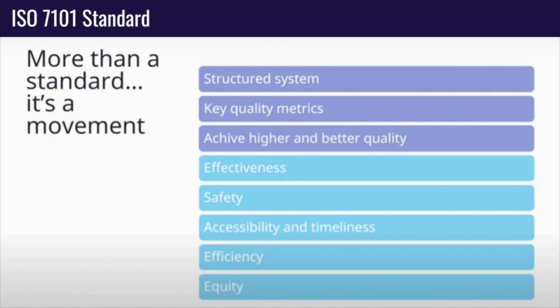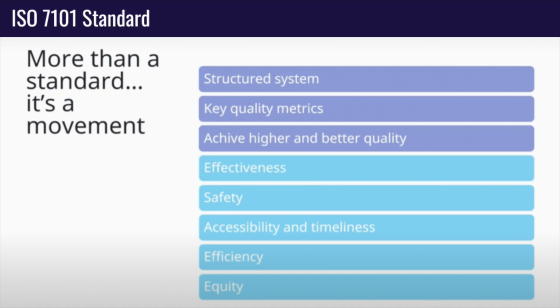Or maybe the top management of the healthcare organization wants to have more control over how the processes of the company work. And a management system can certainly help with that. And those are just some examples of drivers that are usually behind the decision to adopt a management system for quality.